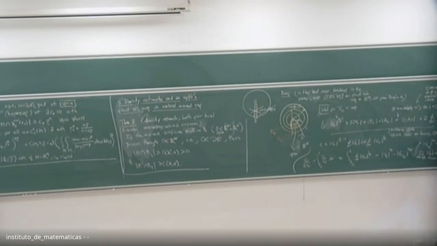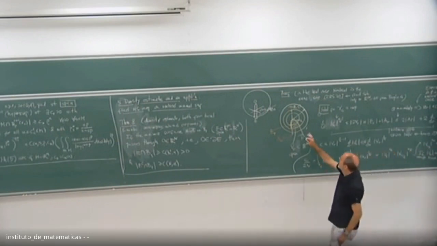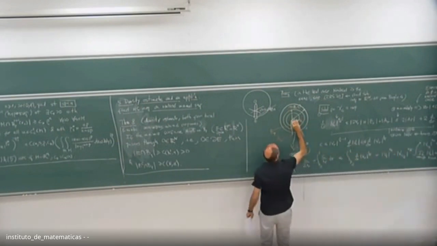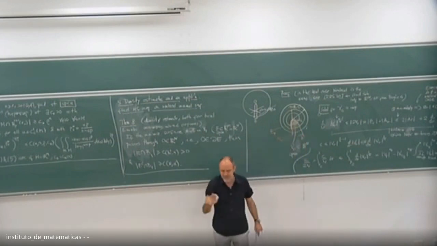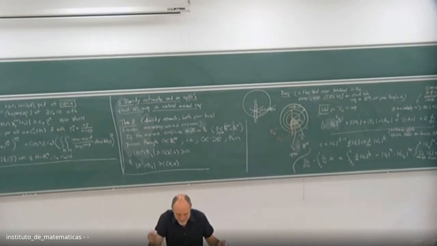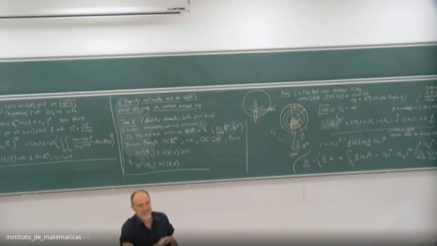Then V_{1/2} must be 0, and this means that this set is empty almost everywhere, and this means in the measure theory sense that the surface doesn't pass through the origin because this is empty.